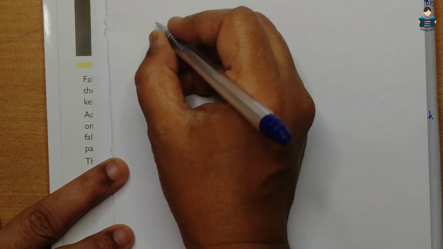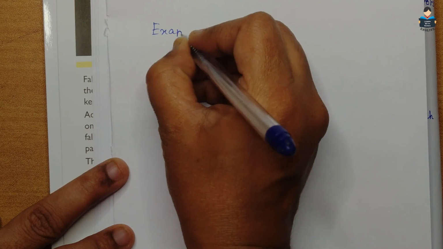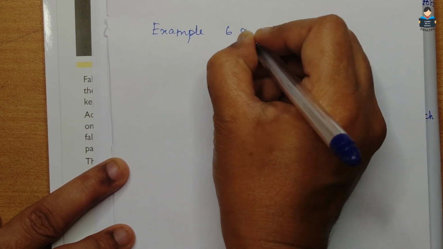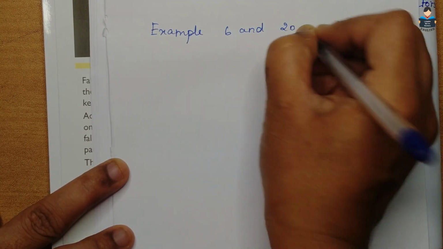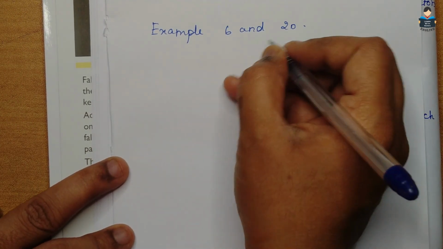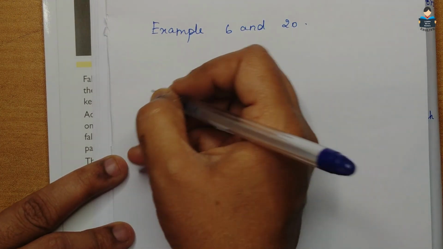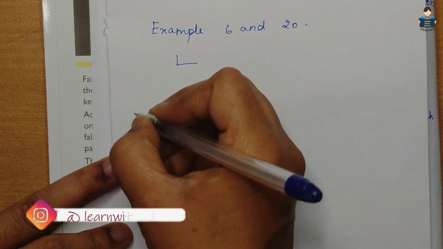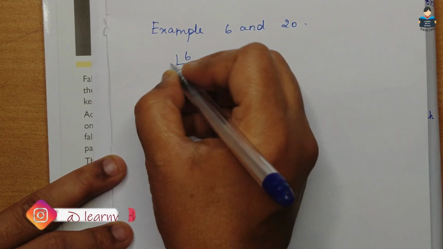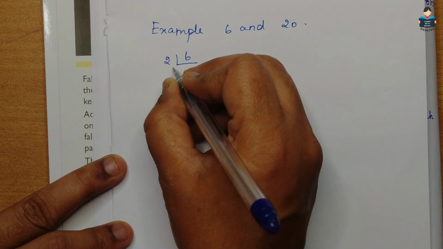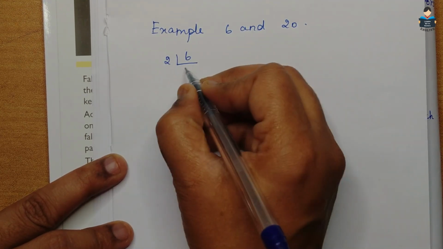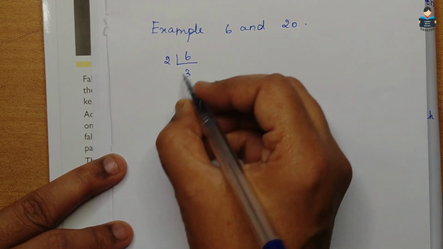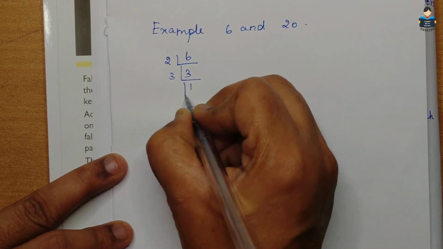Let us take an example, 6 and 20. I am going to find the LCM and HCF of 6 and 20. For that, first we have to do the L method. For 6, 2 3s are 6 and 3 one time.